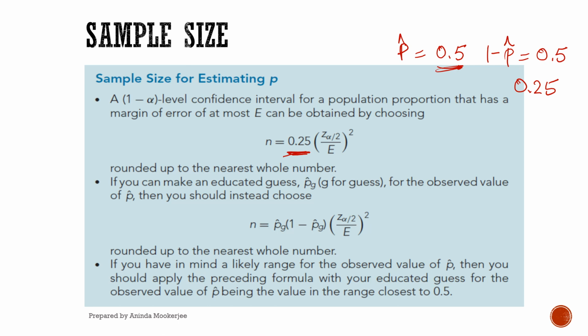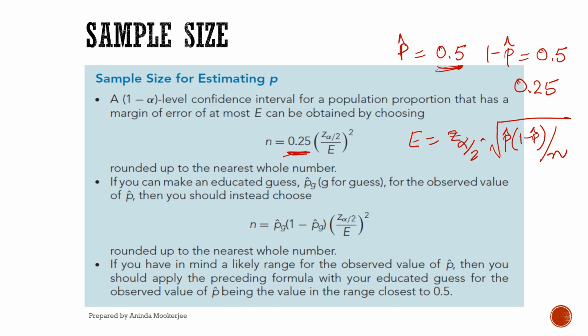This whole formula is actually derived from the margin of error formula. The margin of error formula, if you recall, was E equals Z of alpha by 2 times square root over p hat times 1 minus p hat divided by N, correct?